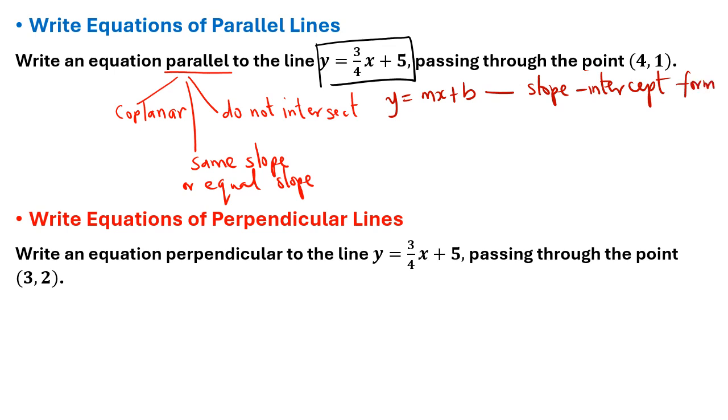Now we know that the slope of the equation we need to write must also be 3 over 4. So I'm going to write y equals 3 over 4 x, then just write b. Now it is time to use this point, (4, 1).